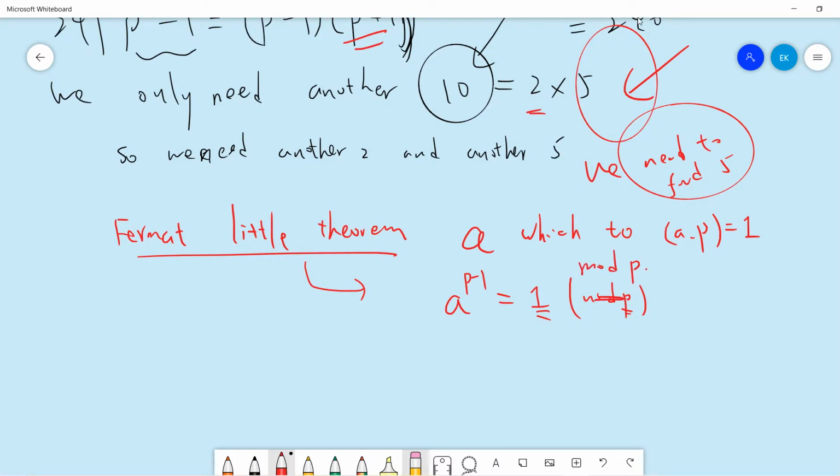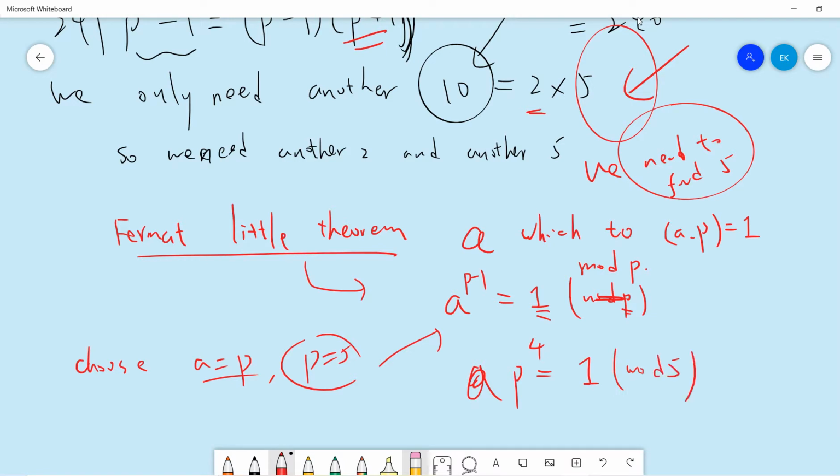If you choose a to be P and the prime to be 5, you get P to the fourth is 1 mod 5. So basically P to the 4 minus 1 must be divisible by 5.